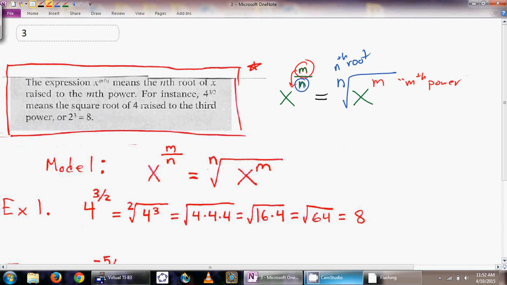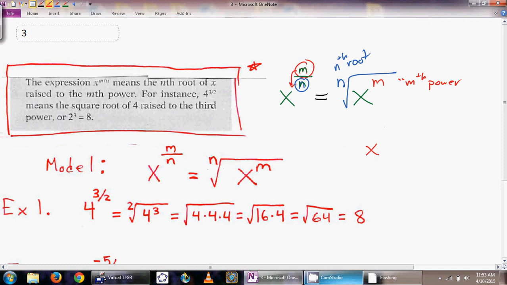Okay, so the numerator is going to become the power of our base, and the denominator is going to become the nth root, what kind of root we're taking of our base. So the fraction is a combination of raising the base to a power and then taking a root of that very same power.